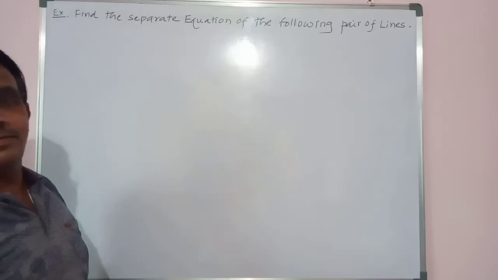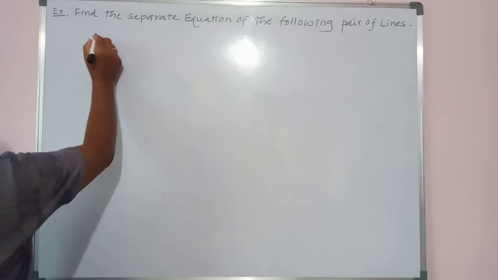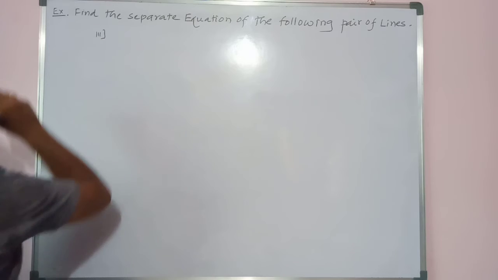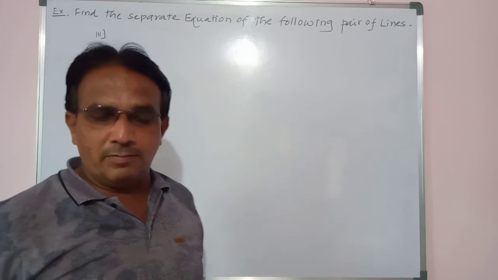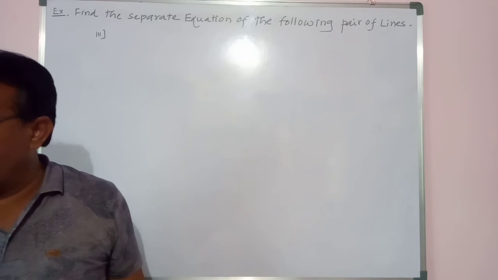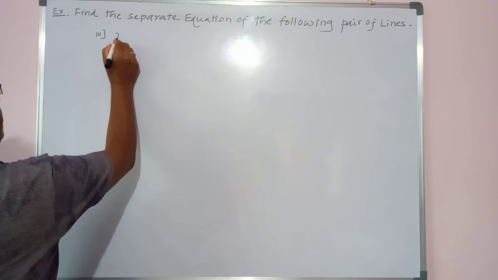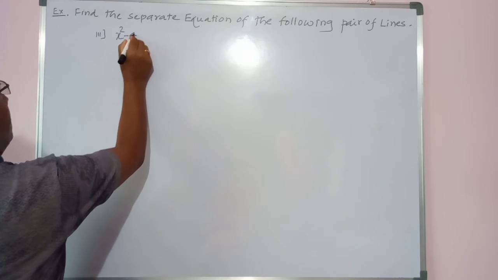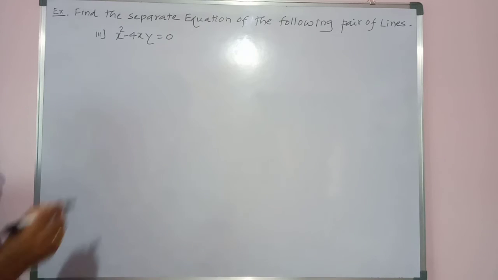Okay. And the next example: find the separate equation of the following pair of lines. The next example is x² − 4xy = 0.